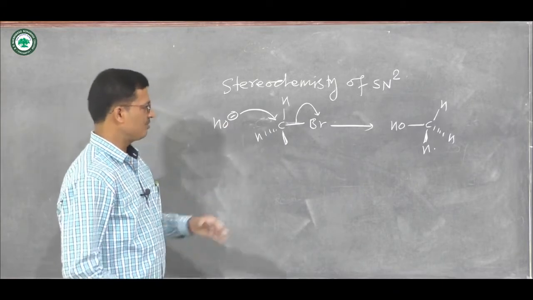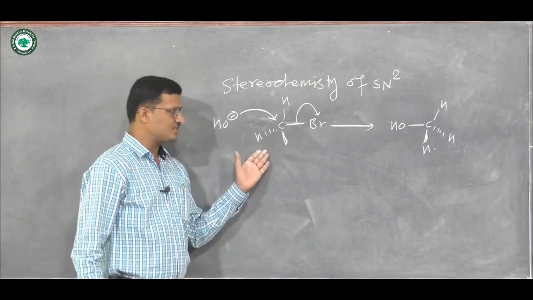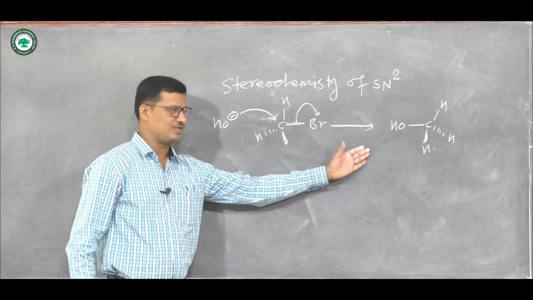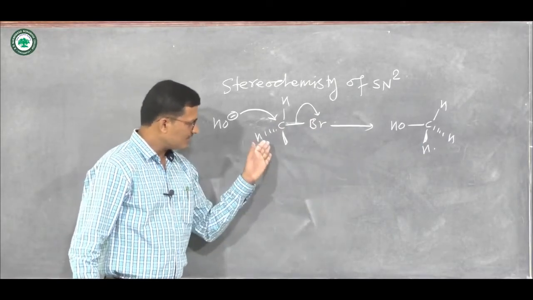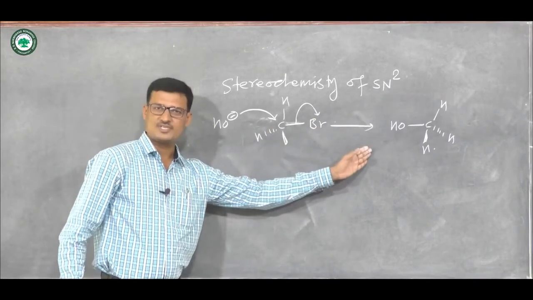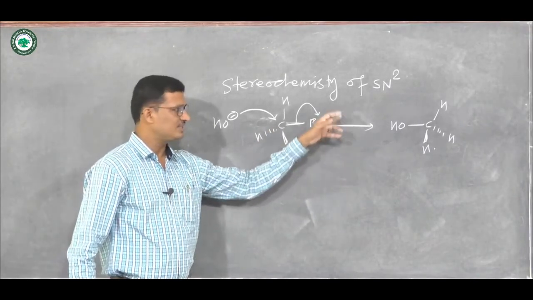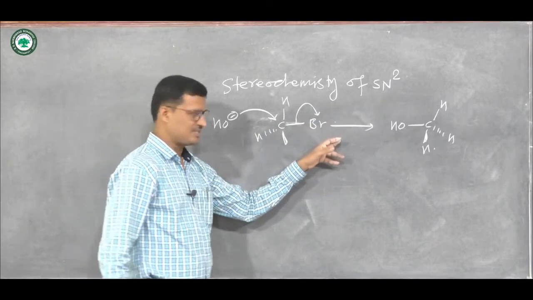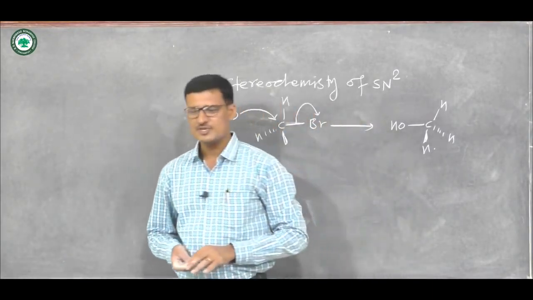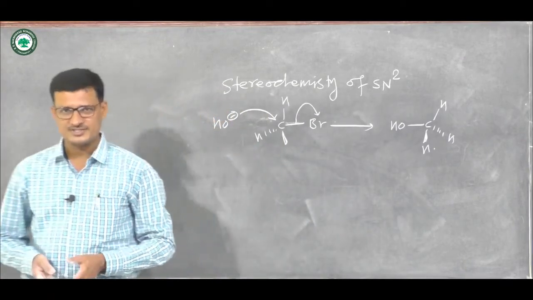When the reactant has the R configuration, the product has the S configuration after the SN2 mechanism. So remember, in an SN2 reaction there is an inversion of configuration.